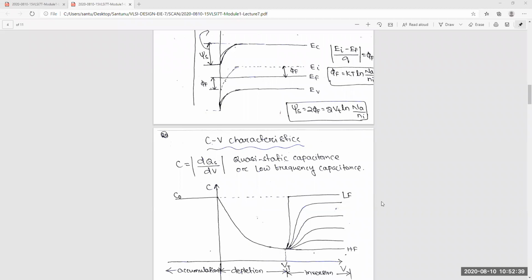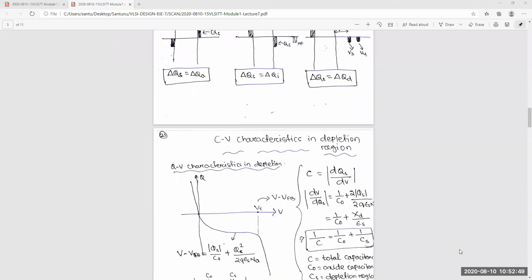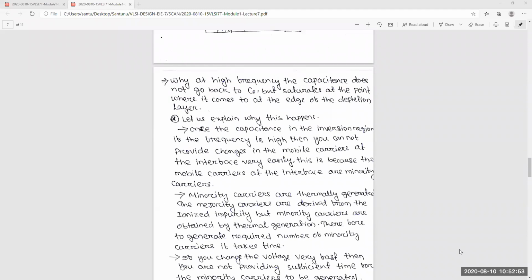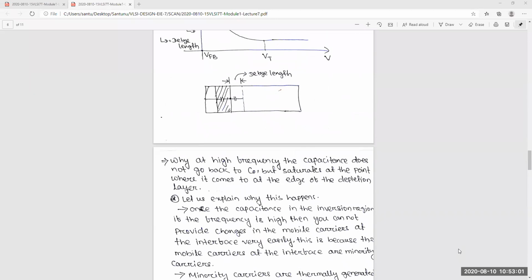So now you are clear how the capacitance forms at high frequency or low frequency? Yes, sir. Sir, what will happen to the mobility of the electron at high frequency and low frequency?